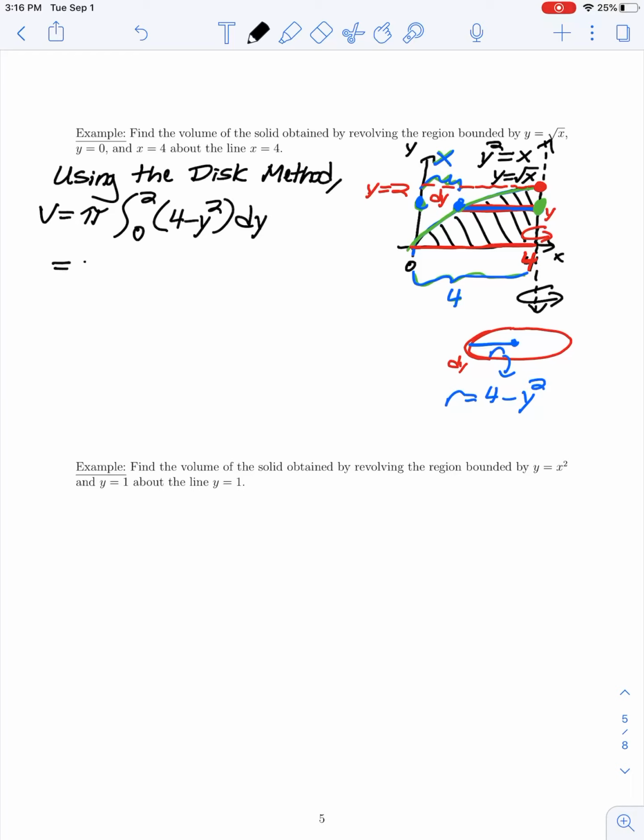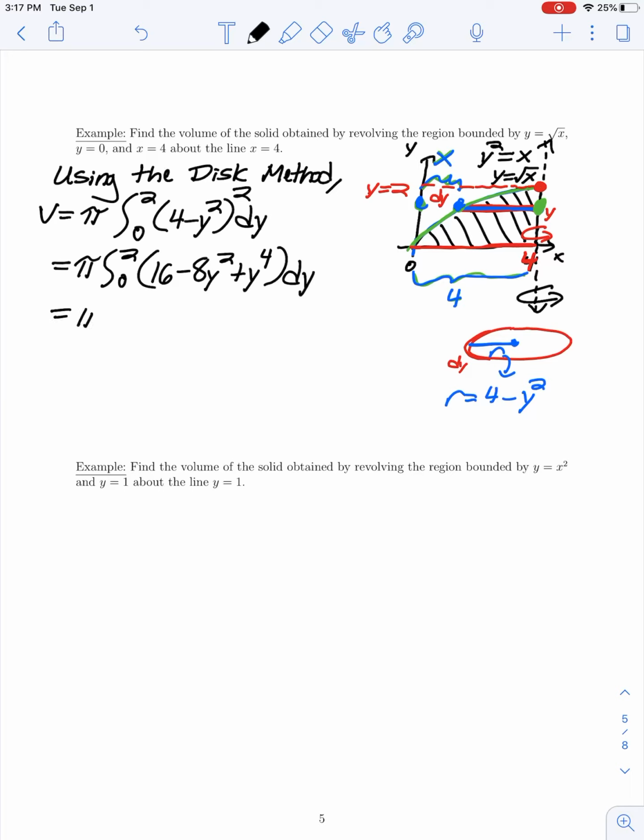So let's see what we have. We have pi times, and we're squaring this quantity, radius squared, 4 minus y squared, squared. We have pi times the integral from 0 to 2 of, when we expand 4 minus y squared squared, we get 16 minus 8y squared plus y to the 4th dy.